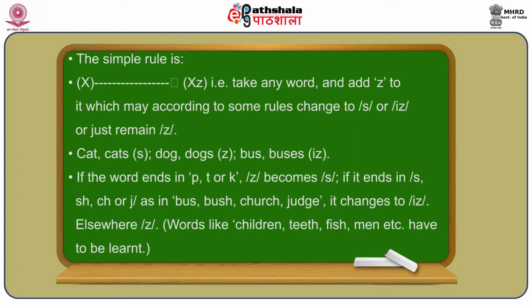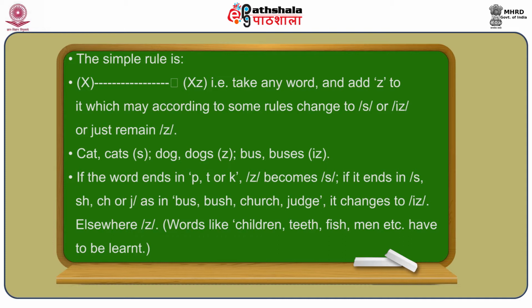And it becomes iz in words like buses, brushes, and catches. The rule is that if a word ends with s, sh, ch, or j, iz is added. So bus and brush become buses and brushes, church and churches, judge and judges.